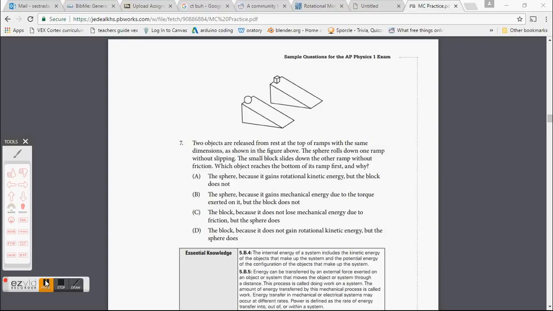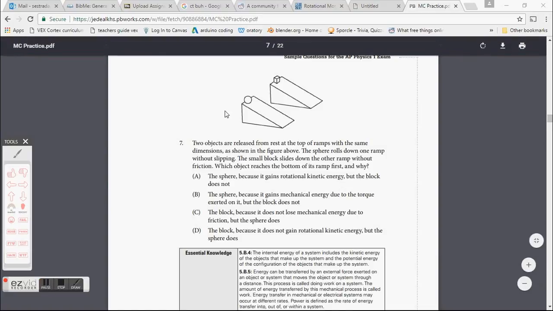So we look at D. The block, because it does not gain rotational kinetic energy, but the sphere does. That's the reason why.